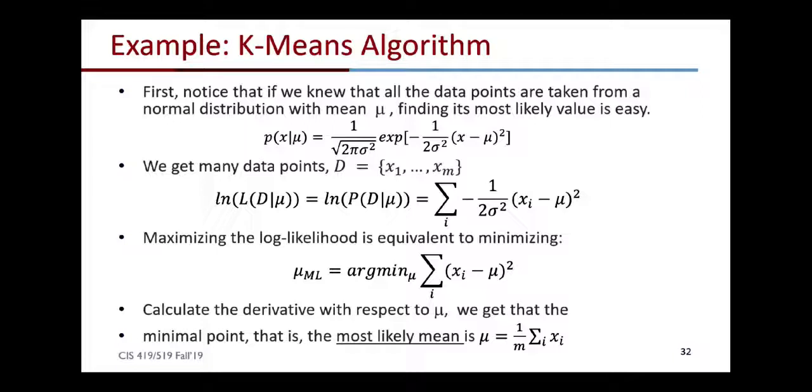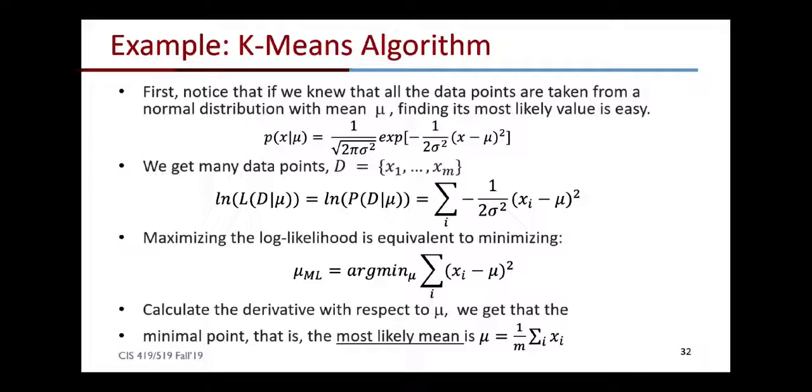It tells you in what sense this center is the best center. It's the best center in the sense of minimizing the square distances, right? That's what an average does. It minimizes the square distances.